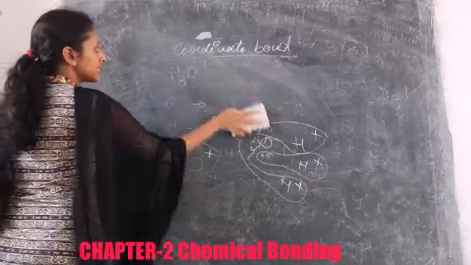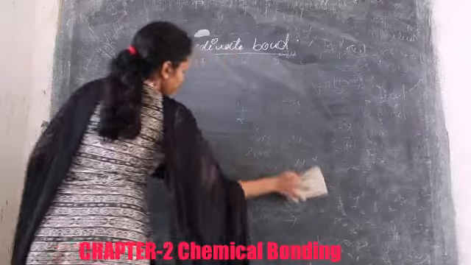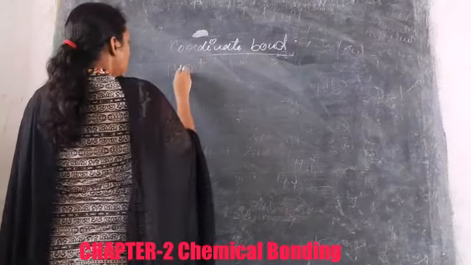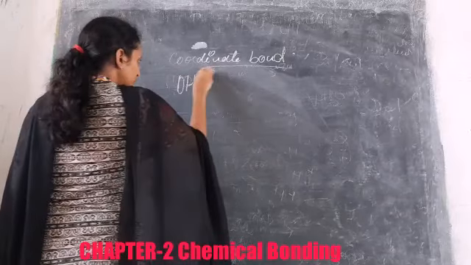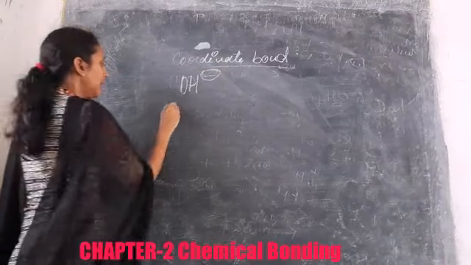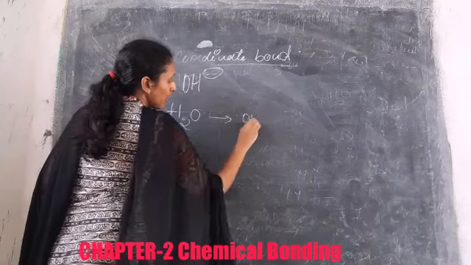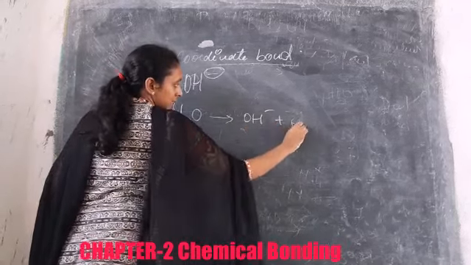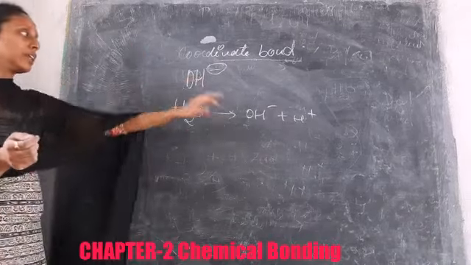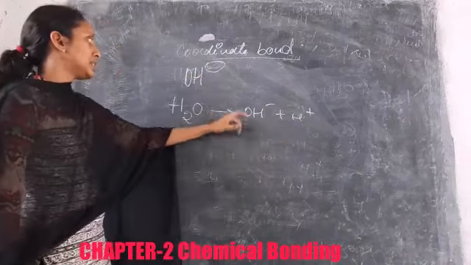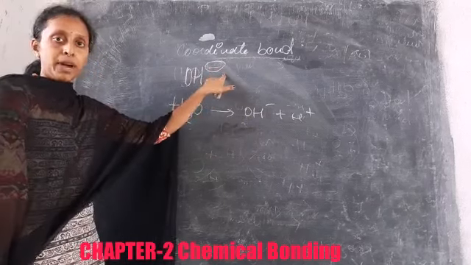And there is another example, OH minus. So this OH minus is formed when water is ionized. It forms OH minus and H plus. So during the water ionization, the elimination of H plus leads to the OH minus.